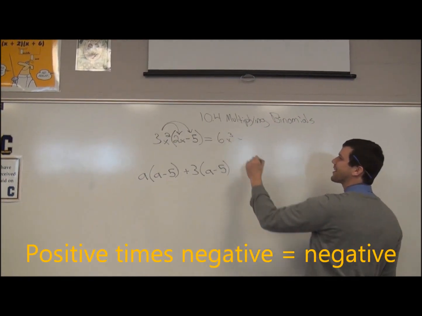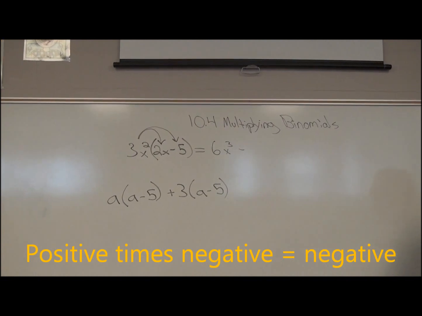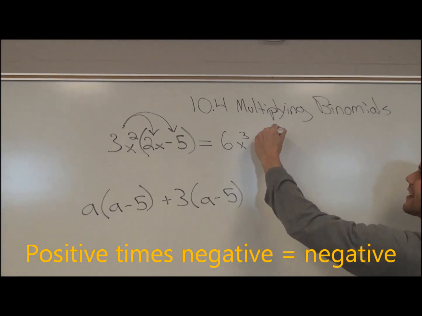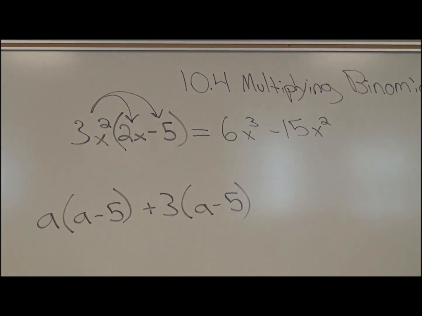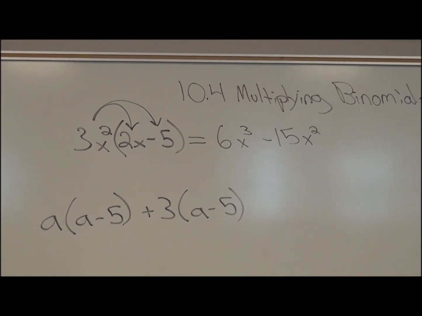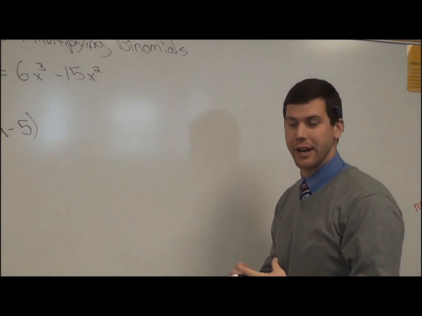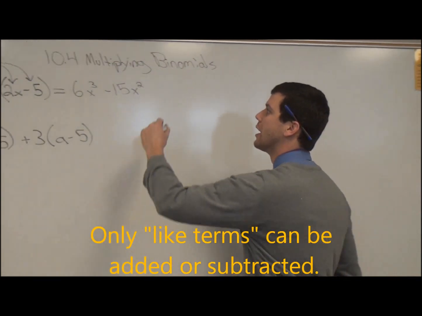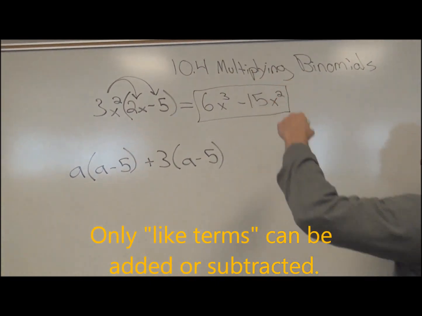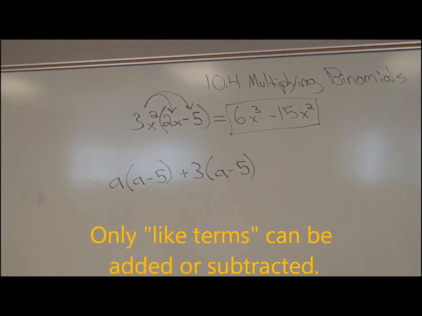It's going to be negative, you got it. So then it would be negative 3 times 5 is 15, and then we have x squared. And because these are not like terms, remember that from 7th grade Algebra A? We can't combine these with subtraction. So that's going to be my final answer, or my product.